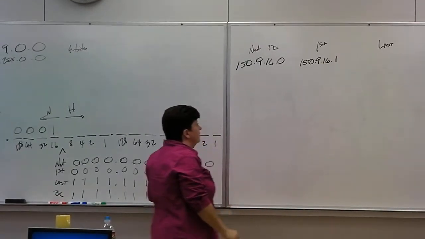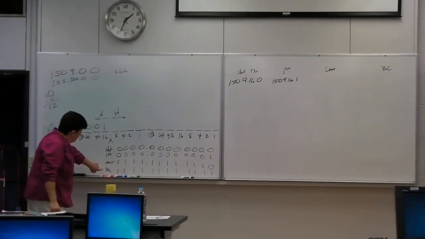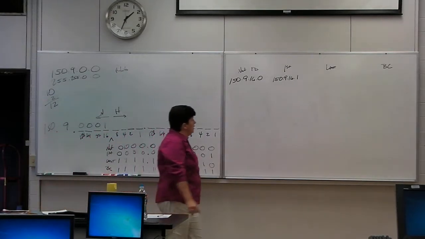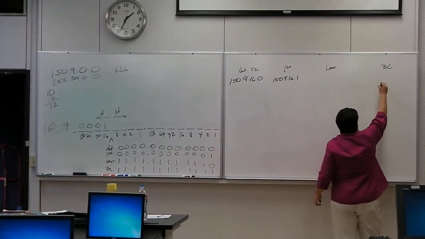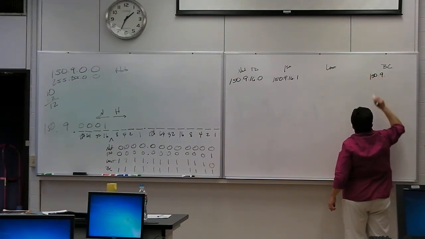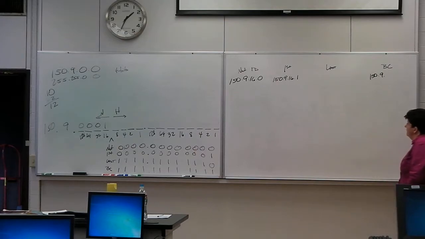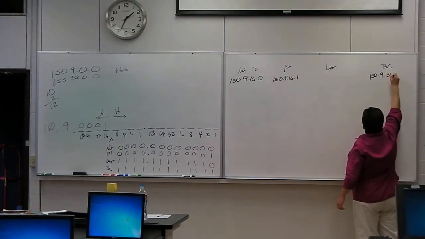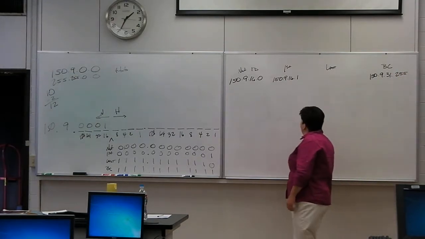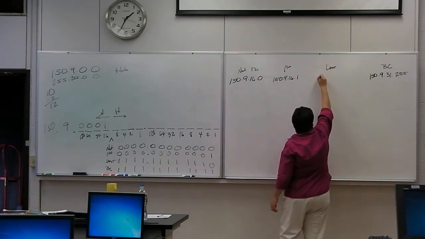Right. Now take these all 1s and fill it up here. And add it up, and what do I get? Dot 255. And so what's my last usable address?